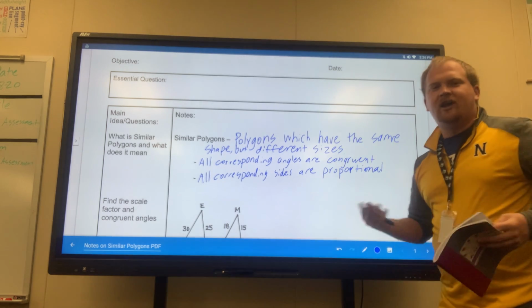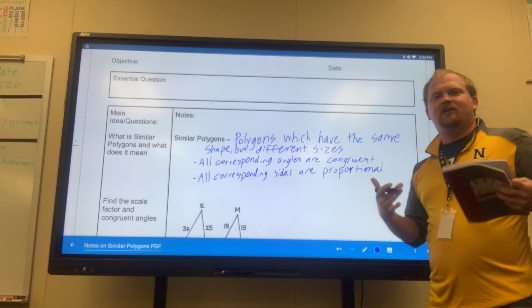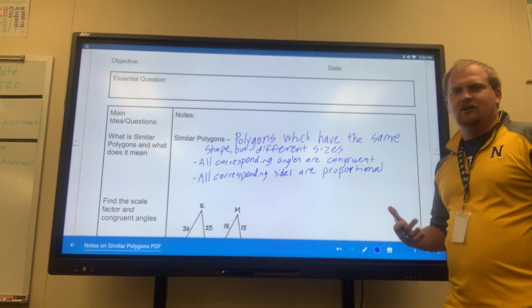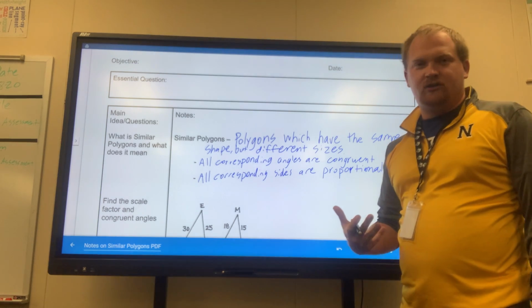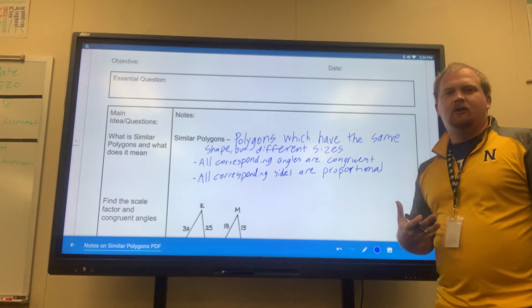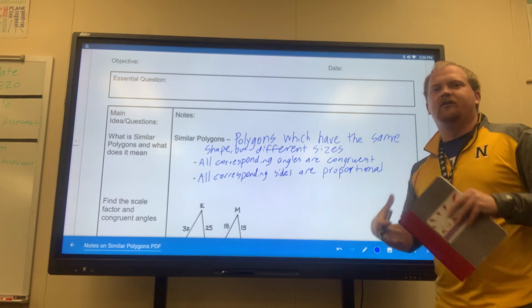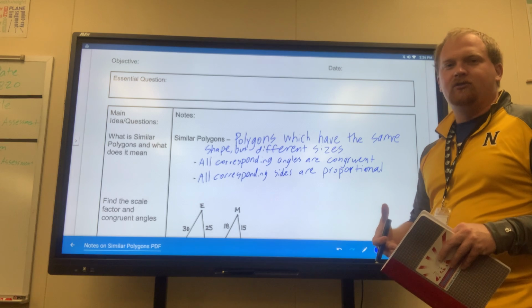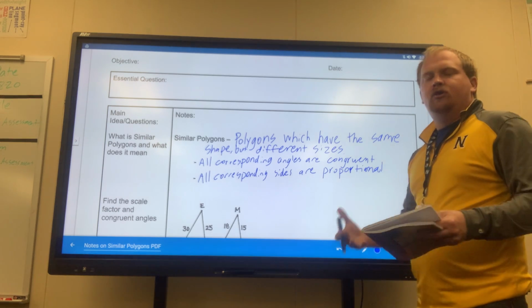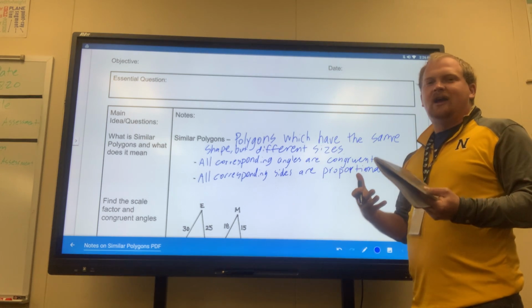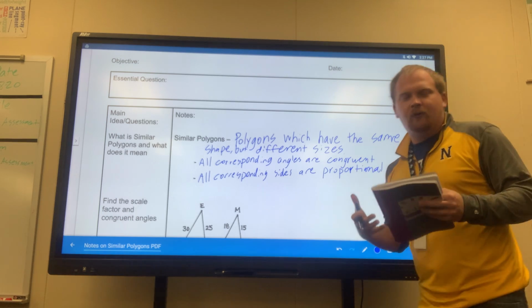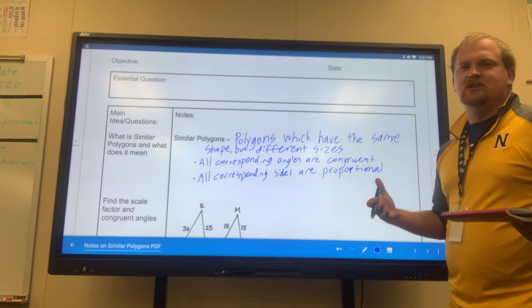All right, so the sides are going to be proportional based on a certain ratio. And we call that a scale factor. Remember, we call that a scale factor because a scale factor tells us how big or how small the figure is going to be. So we're still using the same vocabulary from Unit 4 or Unit 3 based on transformations.